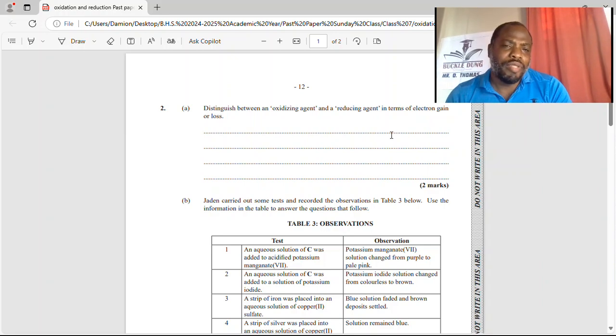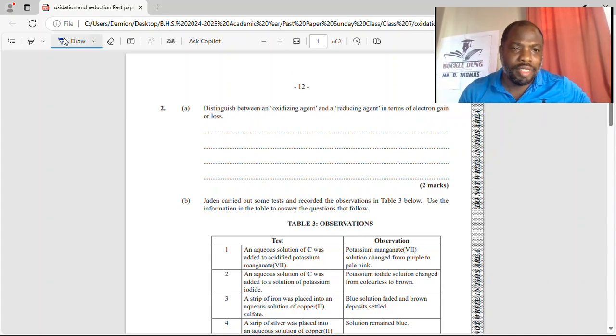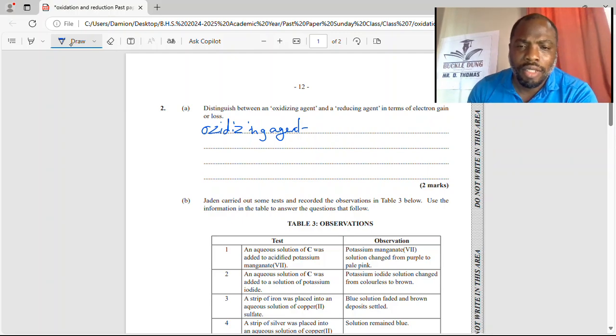So it says distinguish between an oxidizing agent and a reducing agent in terms of electron gain or loss. Yeah? We said that if I am an oxidizing agent, what's happening to me?